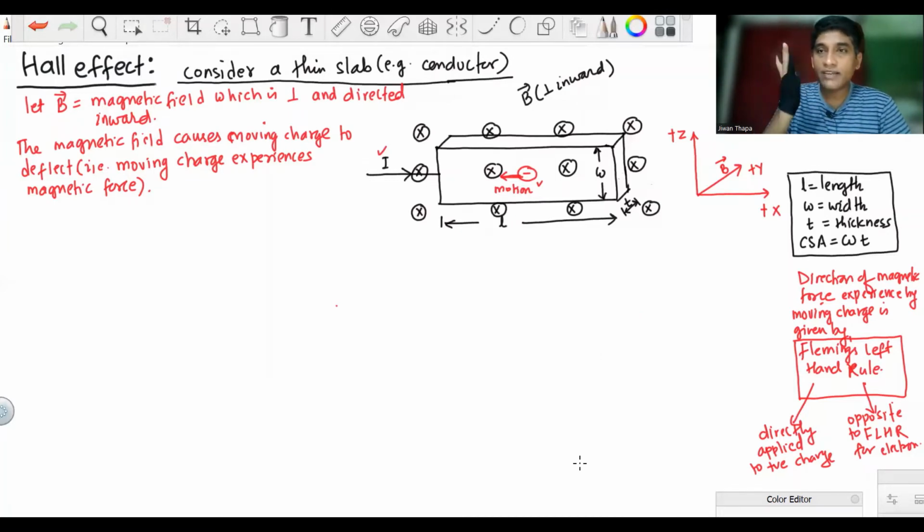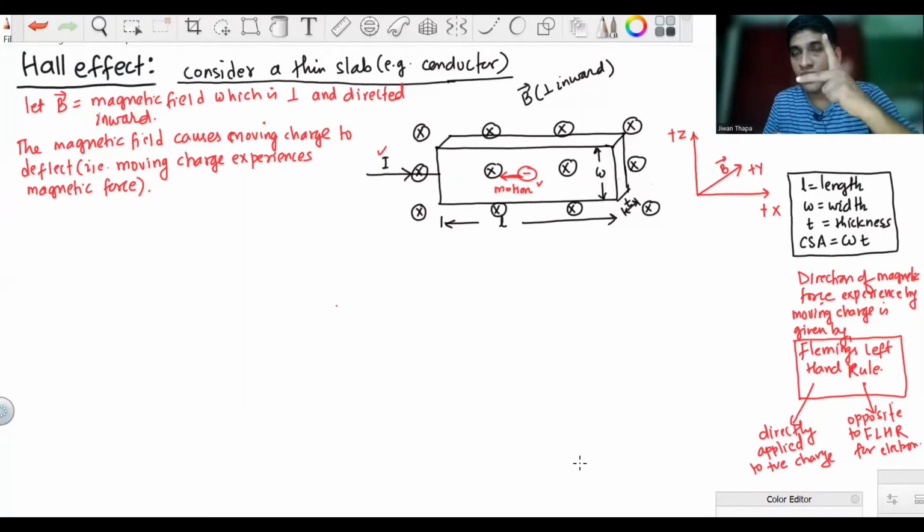So this is my right hand, I'm wearing gloves, okay, and this is my left hand. So I orient thumb, first finger, this is called index finger, it is used for pointing, and the central finger in this way. They are mutually perpendicular to each other.